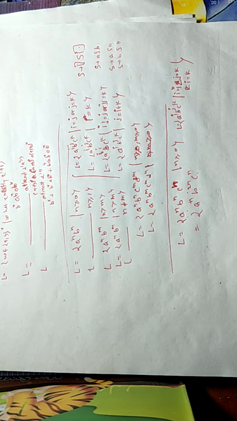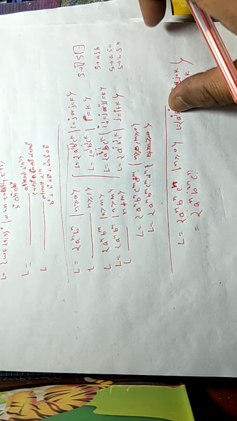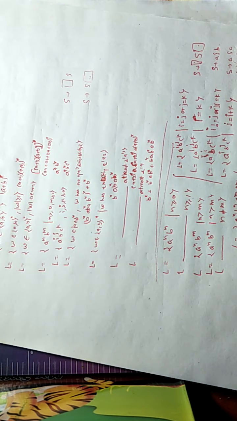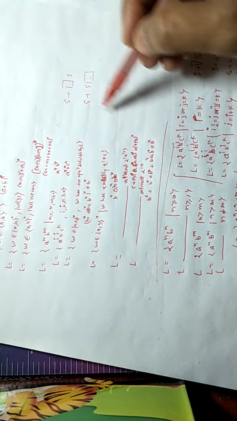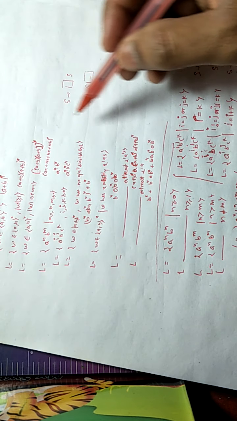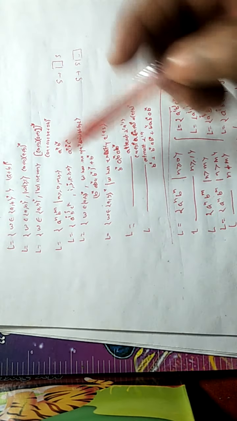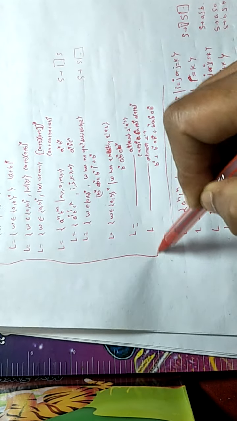Okay, so we already know that languages where we have only loops and there is no relationship between loops are known as regular.